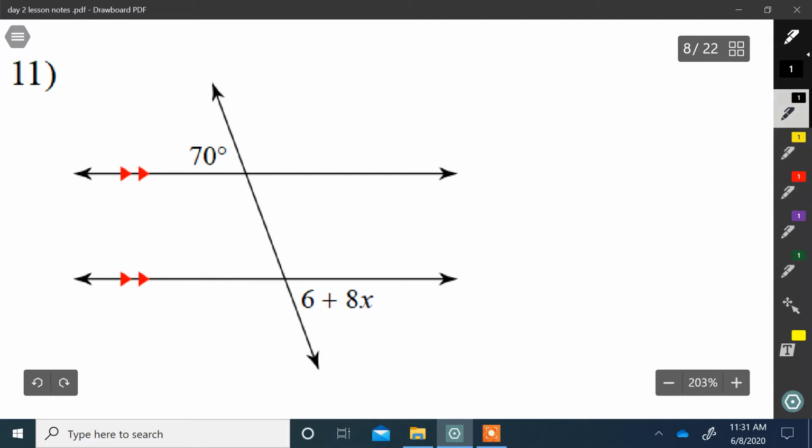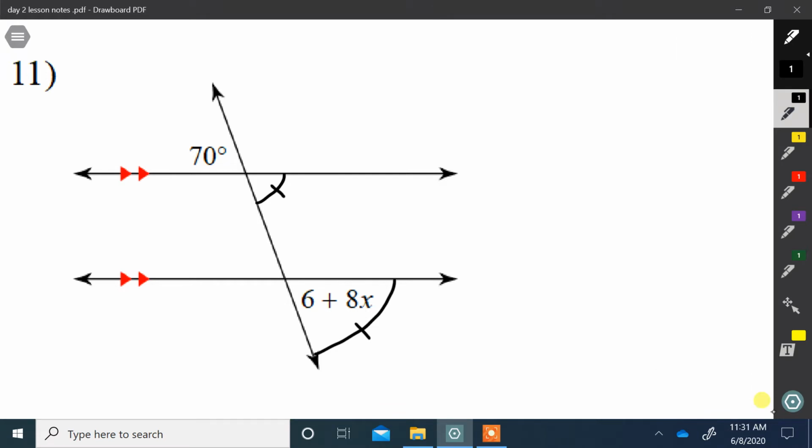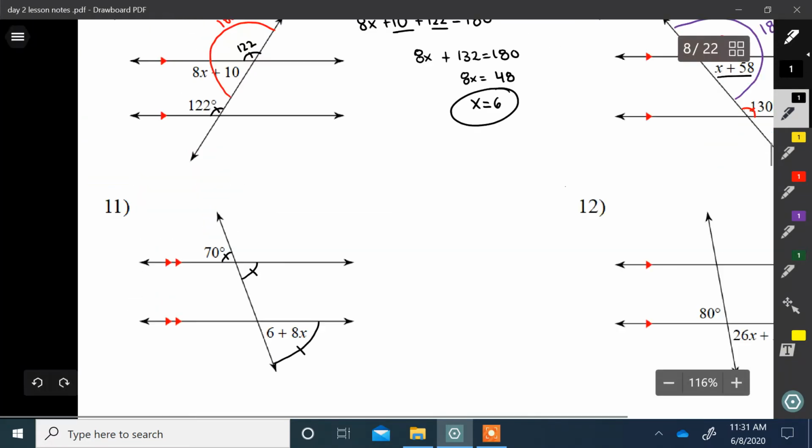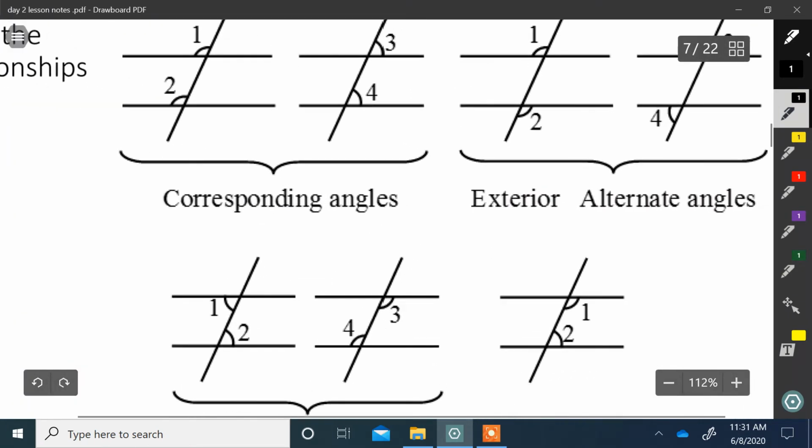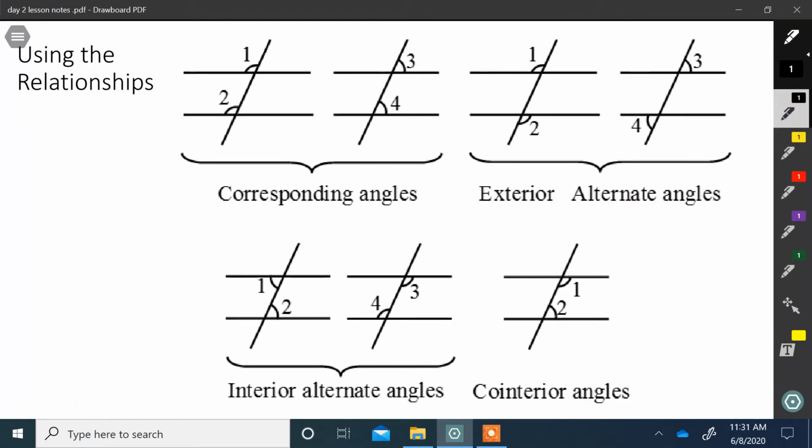Alright, so I want you to realize something on this one. This right here is going to be congruent to this right here. And remember that vertical angles are congruent to each other. So let's go back a little bit and let's talk about corresponding angles. Corresponding angles are congruent.